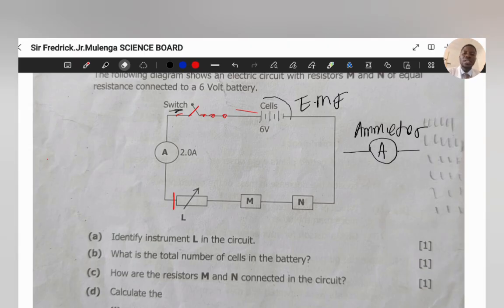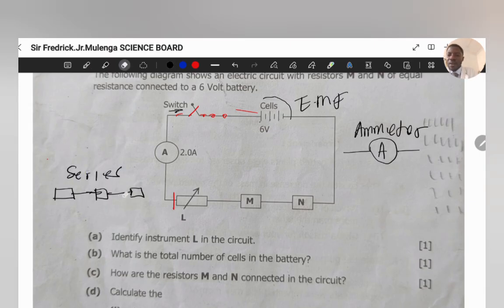From mathematics, you've learned that a series is just numbers that are following each other. Even in science, we have components connected in the same arrangement where they follow each other, the one comes after the other, just like that. So we call them arranged in the series arrangement.